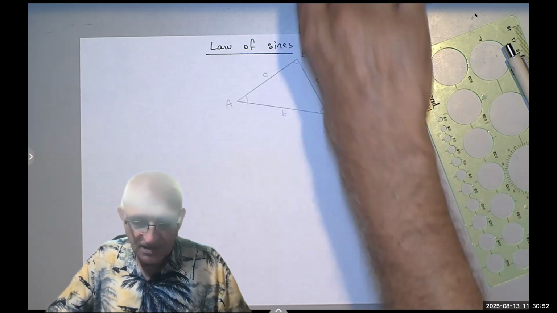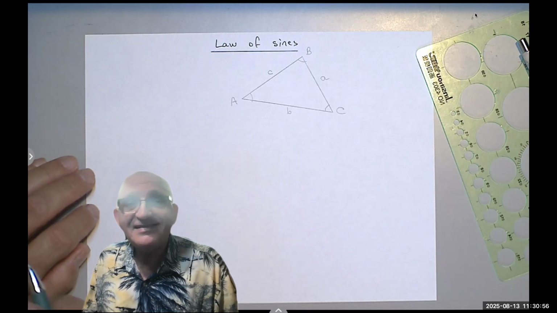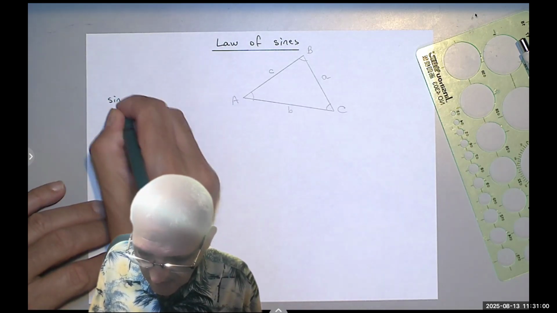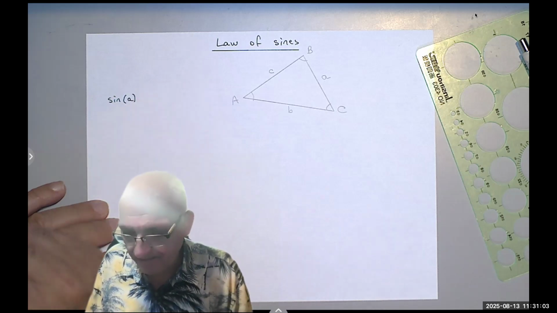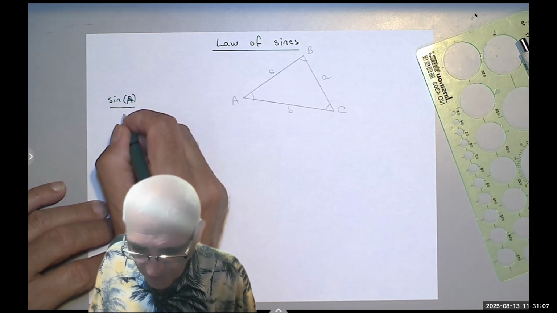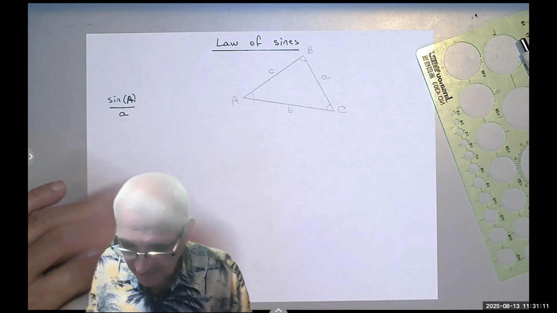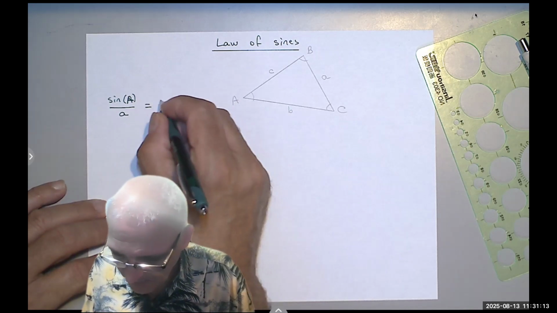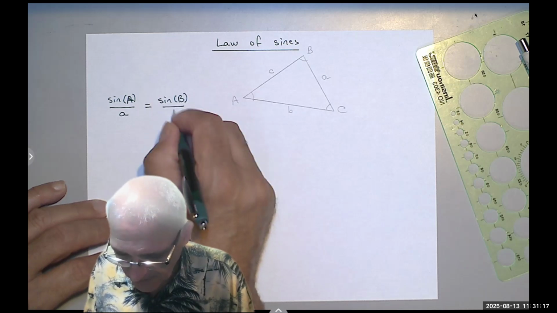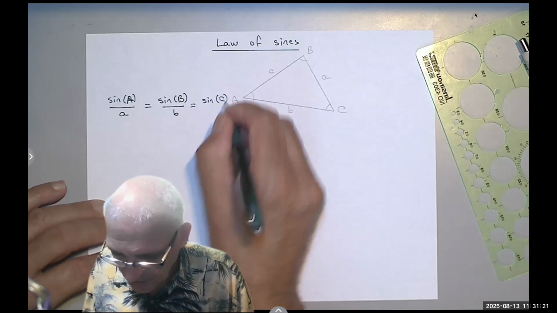What we say here is the following: if I divide the sine of any angle, sine of A, over the length of the opposing side, I get a constant, which is sine of B over b, or the sine of C over c.